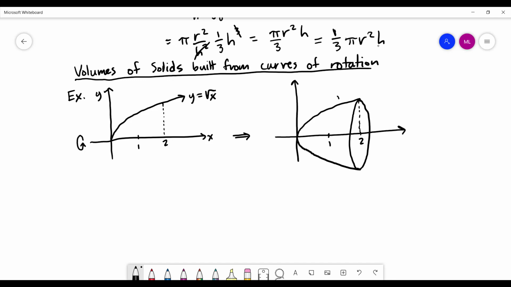And this bounding curve, again, is y equals the square root of x. And if I want to find the volume of this, all I need to do is figure out a formula for the cross-sectional area. If I take an arbitrary slice of this shape at a given x value of my choosing, I need to be able to find that area.